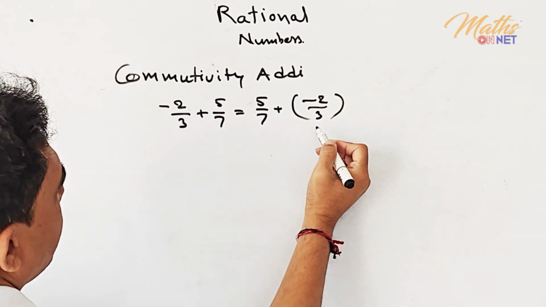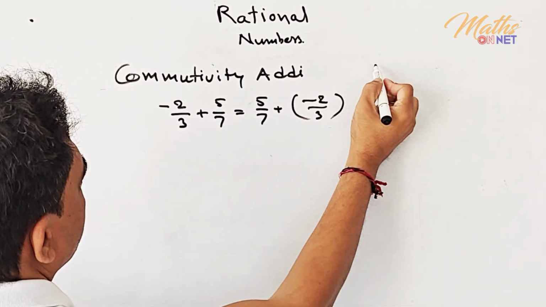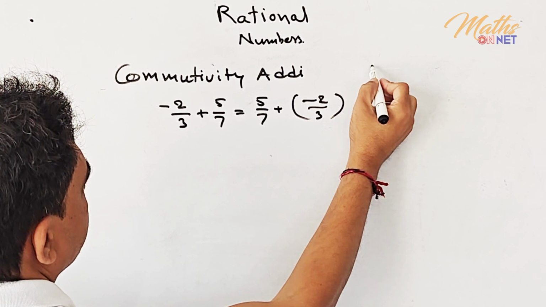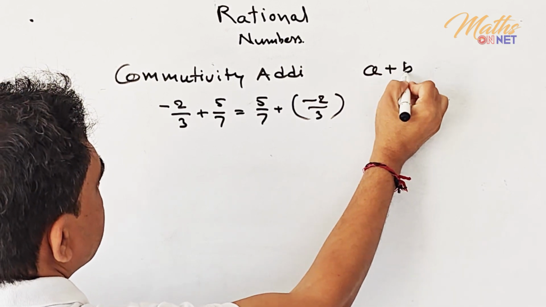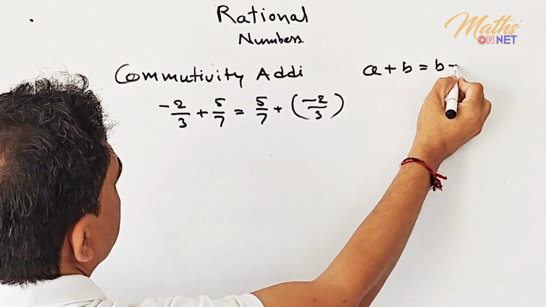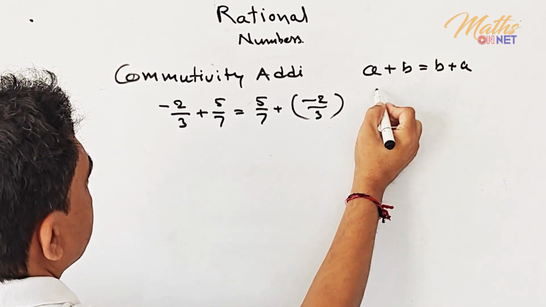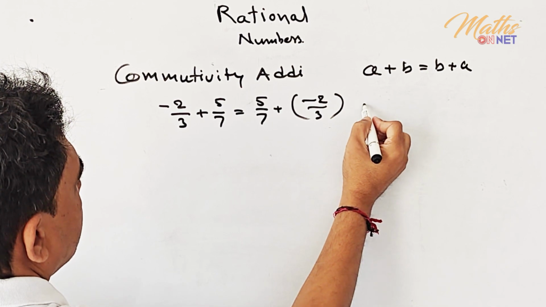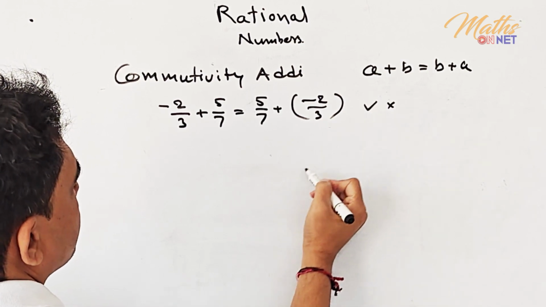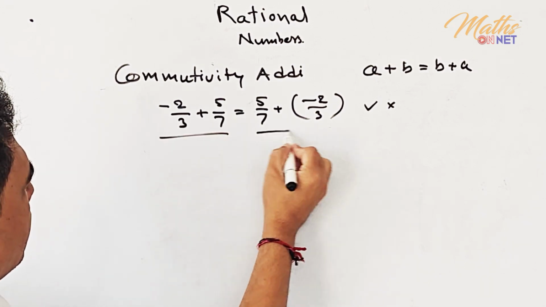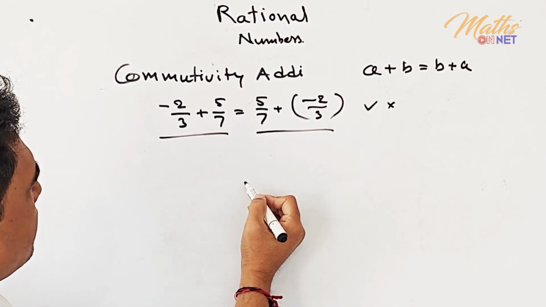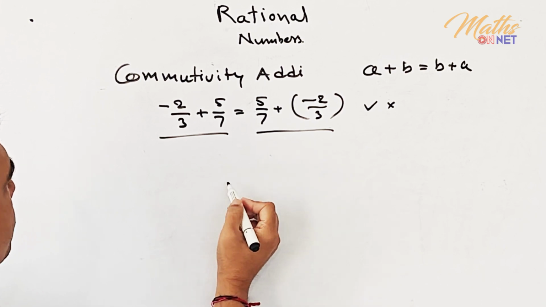So, we'll try to see, as per the rule we discussed just a few minutes back, if we are trying to test A plus B is equal to B plus A, if this is happening or not. So, if this is true or false, we'll try to solve this. For that, we'll solve this side, and then we'll see if they are equal.